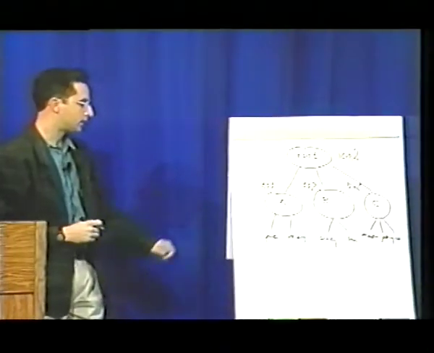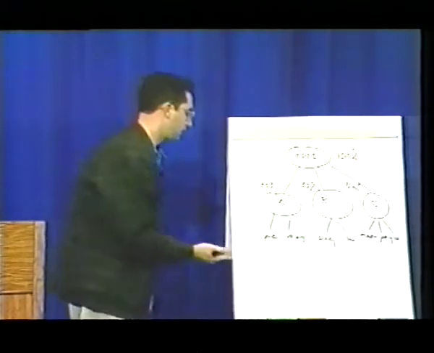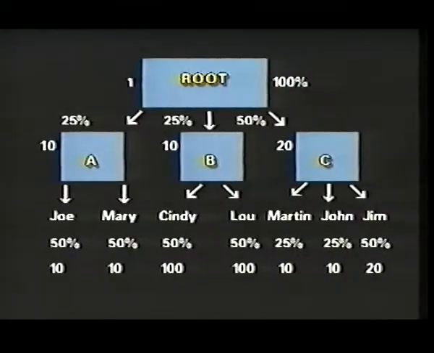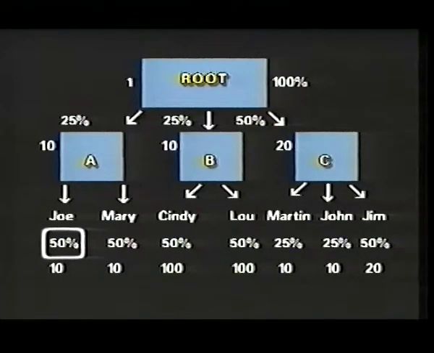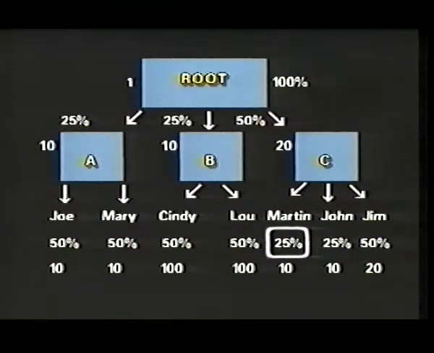And we can assign these users percentages just like we assign the group's percentages. So let's give Joe 50%, we'll give Mary 50%, we'll give Cindy and Lou 50% and 50%, and these guys will get, let's give him 25%, 25%, and because we like Jim, we'll give him 50%. Okay. So this is how the machine will be divided.